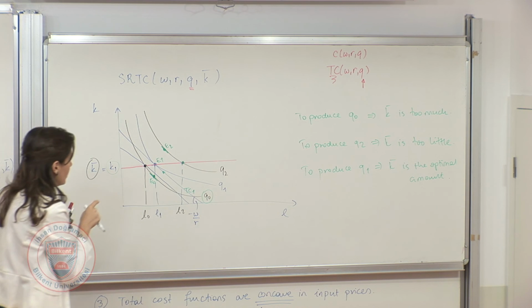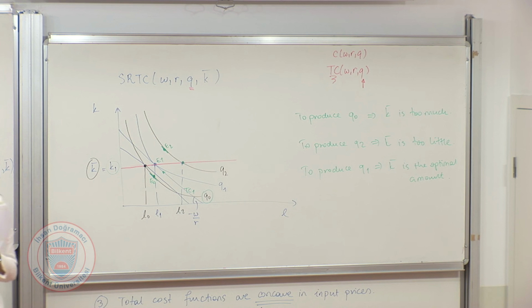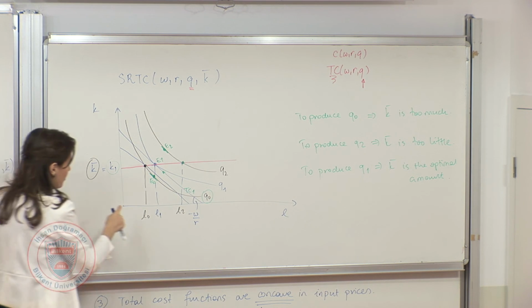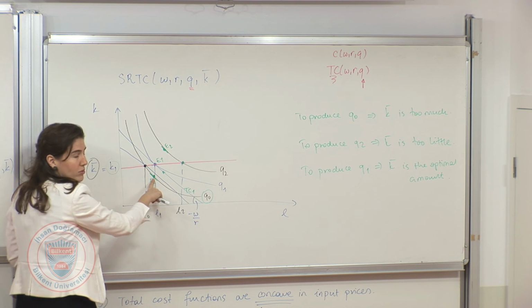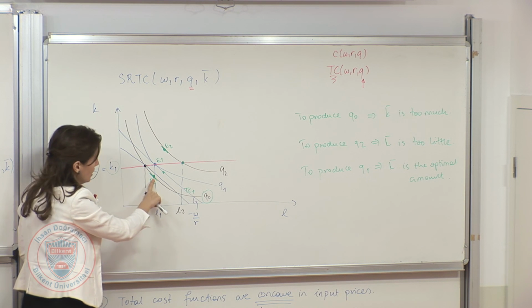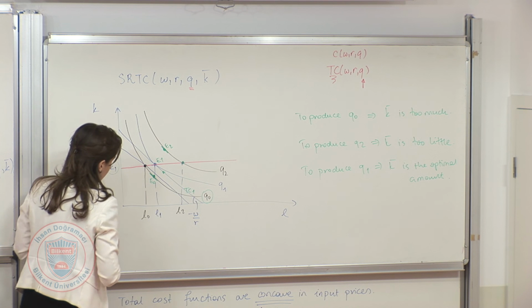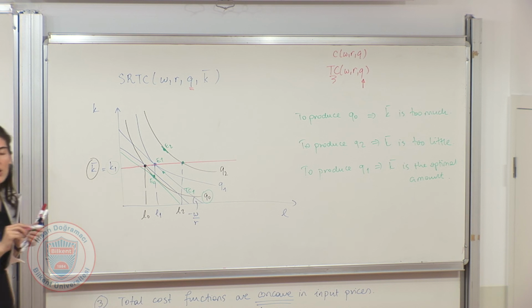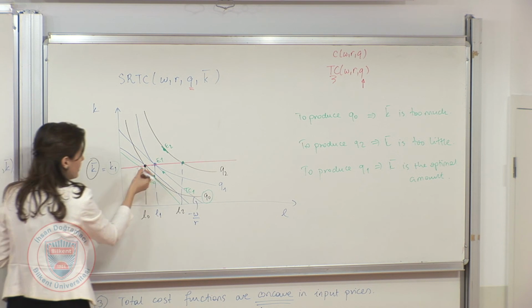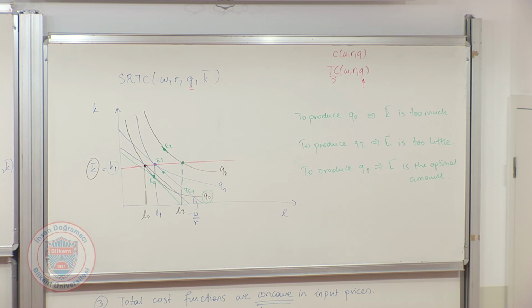You can think that this blue line is the short run total cost, which is higher than the long run total cost to produce Q0 units. The long run minimal cost is actually this much. But because you're in the short run and your capital is fixed, your cost is the blue one. It's higher, okay?